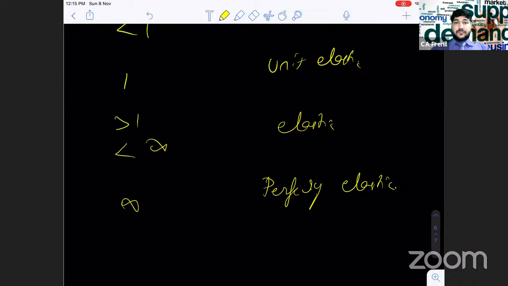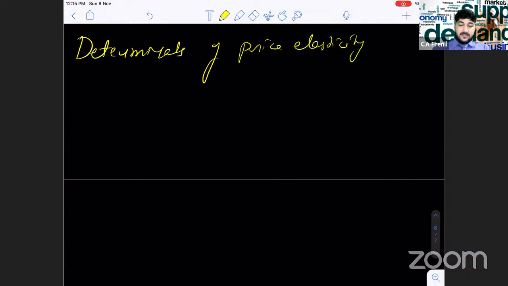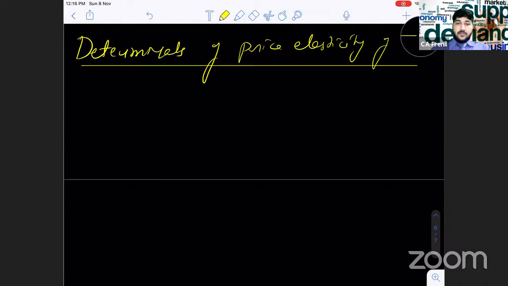Okay. Now let us go to the determinants of price elasticity of demand. What determines the price elasticity of demand? First of all, we have to concentrate on the availability of substitutes. Let me just write it down. Determinants of price elasticity of demand.